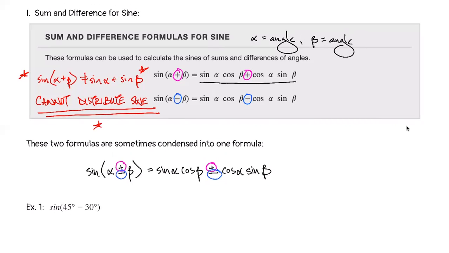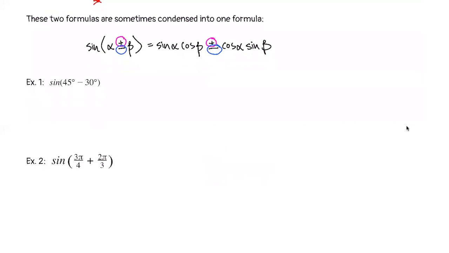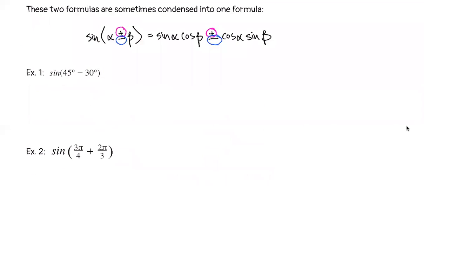All right. So let's take a look at how we use these equations. So we've got two examples here. One is in degrees and one is in radians. And so as you're studying and making sure that you practice, you want to make sure you practice both versions. You want to practice some with degrees, but also some with radians.